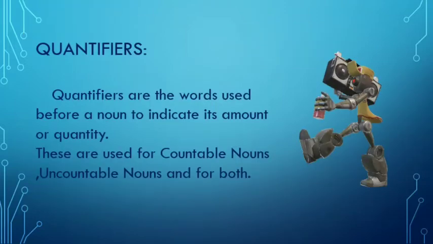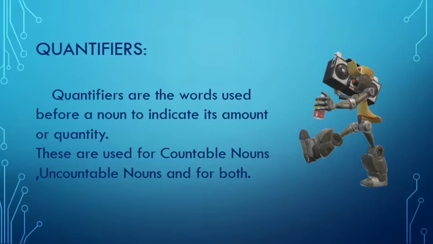Now we are going to discuss in detail these quantifiers as determiners. Before that, I would like to brush up what a determiner is. Determiners are the words that come at the beginning of a noun. These determiners introduce the noun and determine the noun.